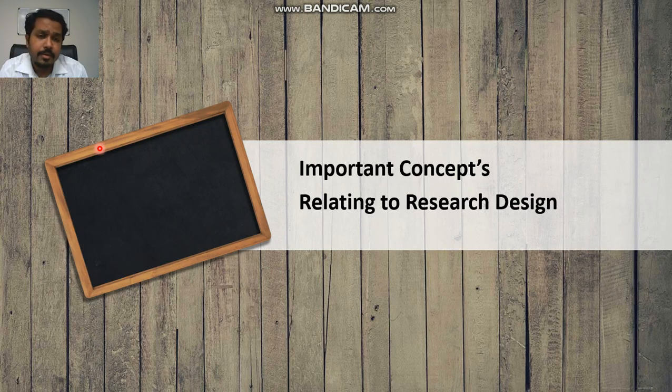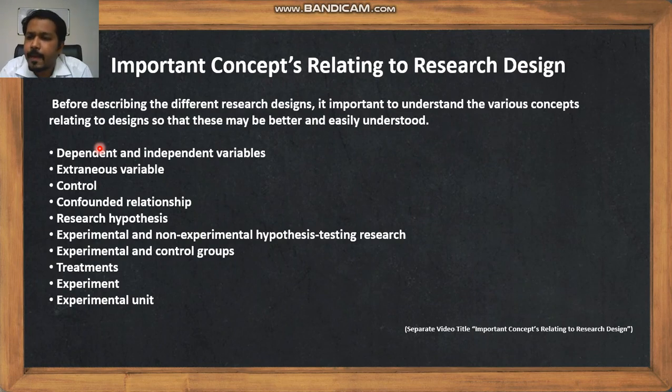Taking ahead the session, we have come to a point where certain concepts are very important to understand before you move on to the classification of research design. So here I have listed various concepts, on which we will have a separate video, but they are very important to understand.